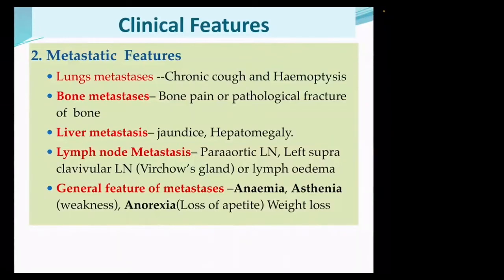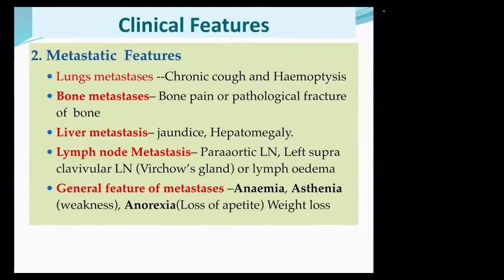But if it involves Virchow's gland or the left supraclavicular gland, then you can feel that enlarged, non-tender, hard supraclavicular gland. So if you find a patient with a testicular tumor and enlarged Virchow's gland, then it is almost systemic disease. It has almost reached the system. So this is a very late disease.